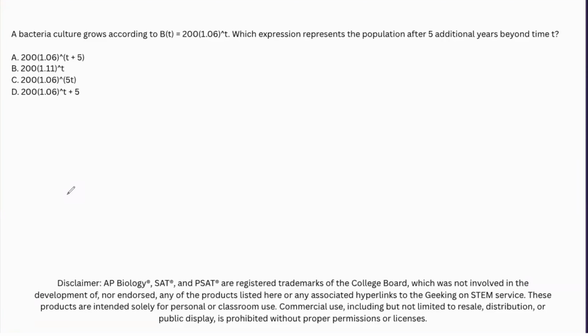Okay, so in this problem, they talk about some growth. Usually they talk about bacteria or some sort of food product that has some sort of exponential growth. And they did that here by giving an equation, and they wanted to know what expression, based on the answer choices, is the population after an additional 5 years.